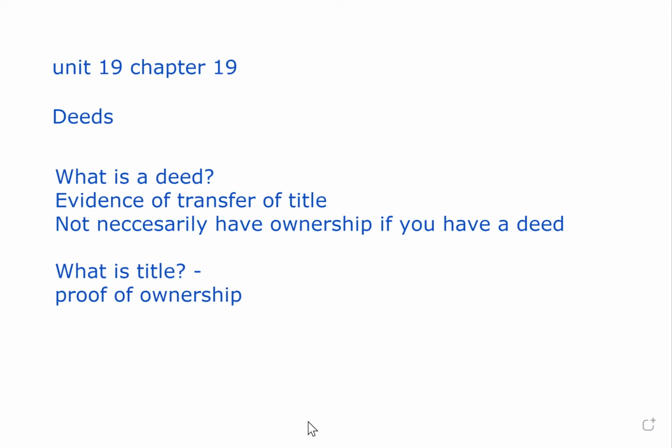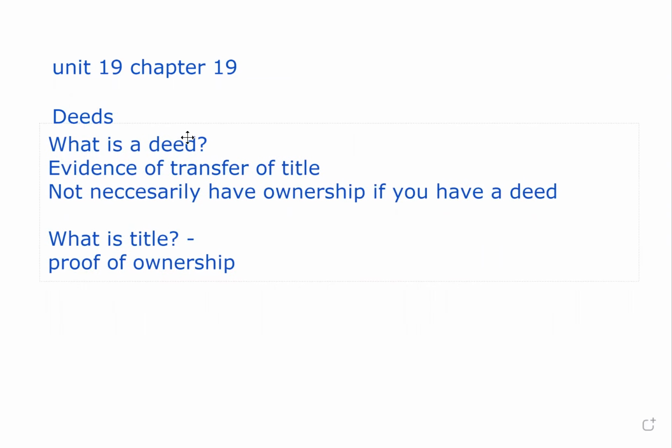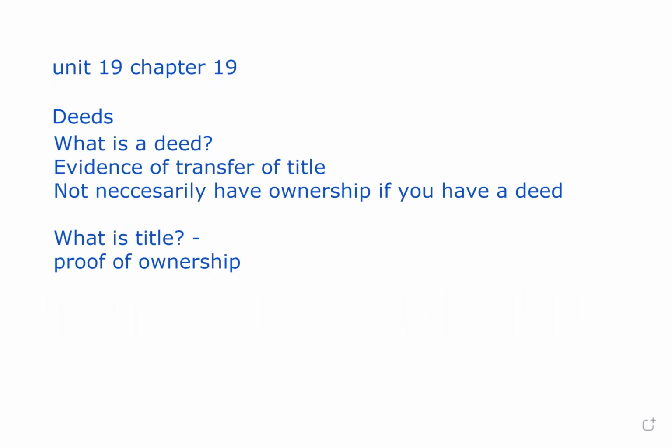So let's talk about this. We're going to talk first about the requirements of a deed, like what you need to have a valid deed and who's involved in a deed. The first thing we're going to talk about is the grantor and the grantee. Those are the two parties involved in the deed.